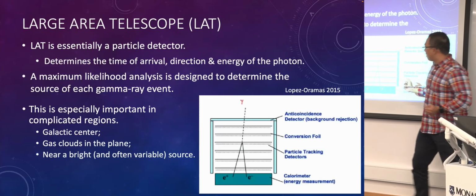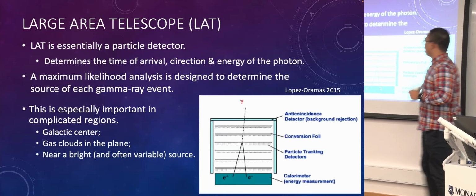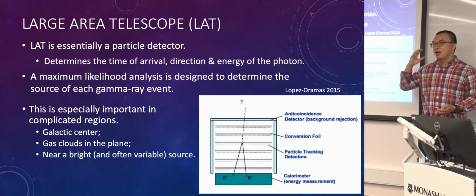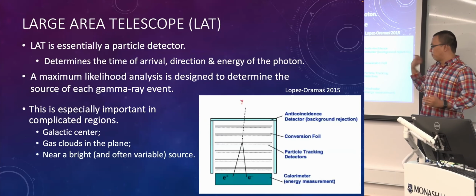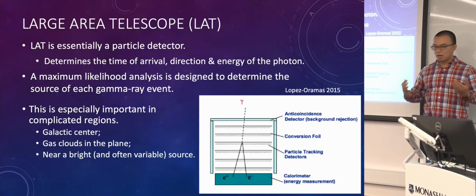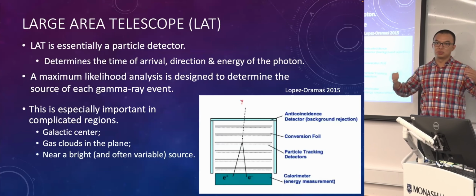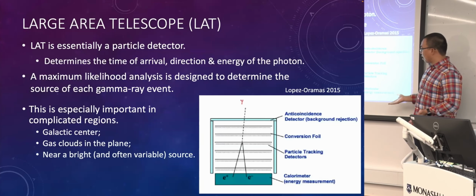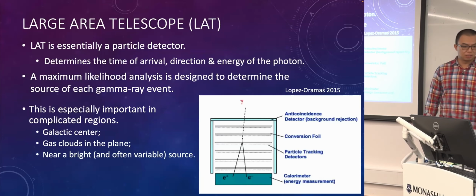Knowing all of that, maximum likelihood analysis is designed to determine the source of each photon. That helps us to assign photons to a source or an event. If we get more from that particular source, we can construct a spectrum, we can construct light curves, and get all of the other important information about a particular source.